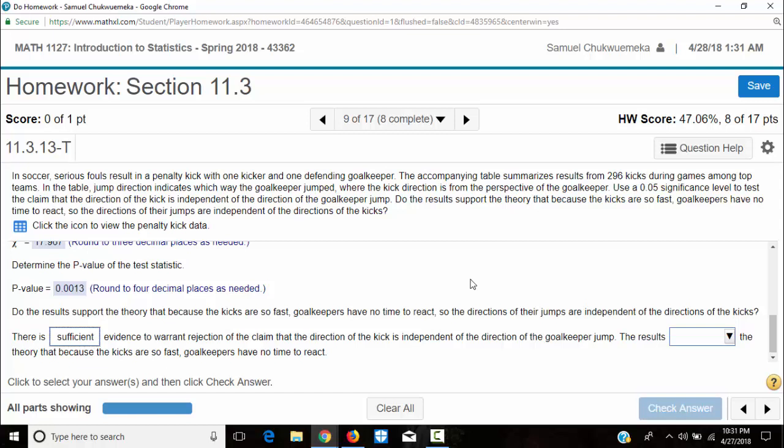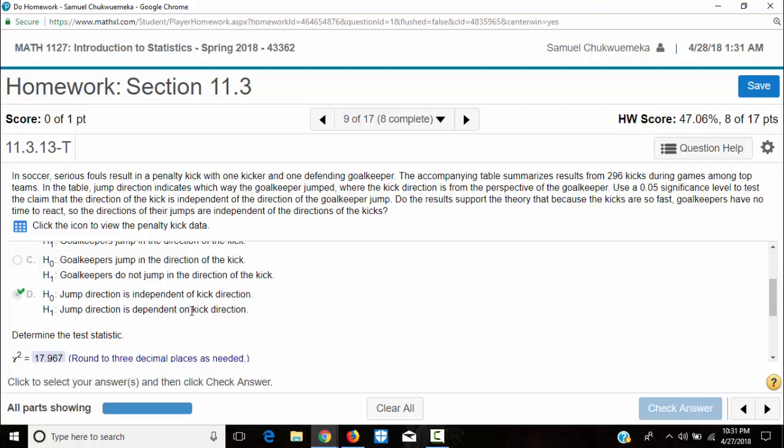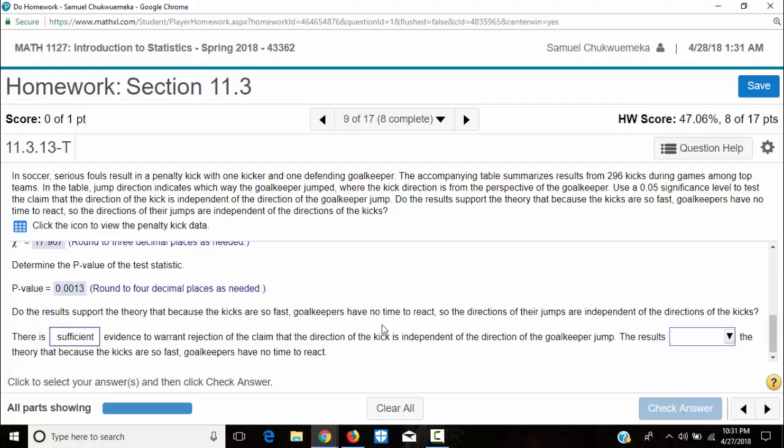When you reject the null, you have sufficient evidence to support the claim of the alternative, which is that the jump direction is dependent on the kick direction. The way the goalkeeper jumps is dependent on the way the kicker kicks the ball, right?